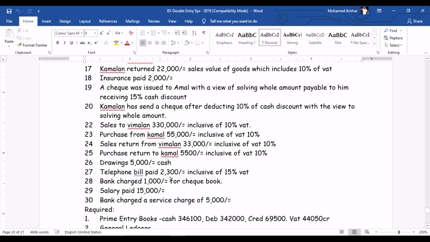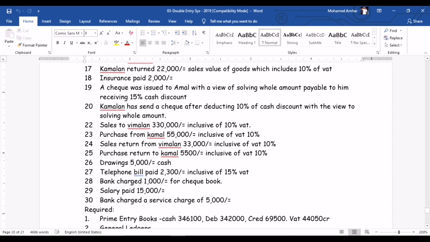So mostly we record this at the end of the month, that means end of January, but we will receive the statement for January in February 2 or 3. So if we receive it February 2 or 3, we can't record this in the cash payment journal, because after that salary and other expenses would have been recorded in the cash payment journal.